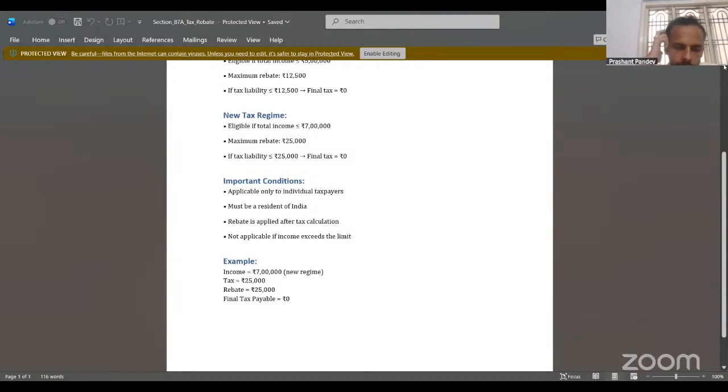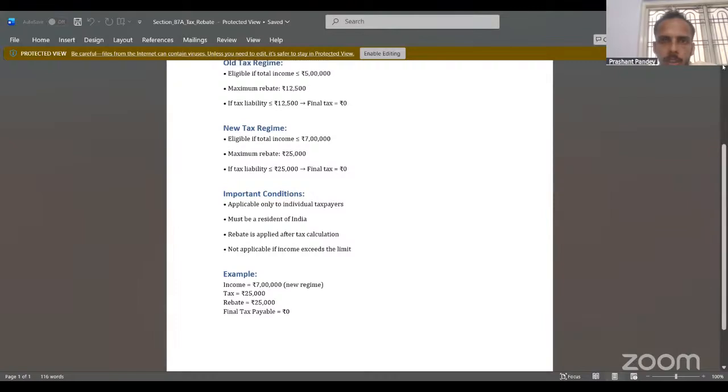Basically, deductions are for reducing the taxable income, whereas a rebate directly reduces your tax. So that is the core difference between deduction and rebate.